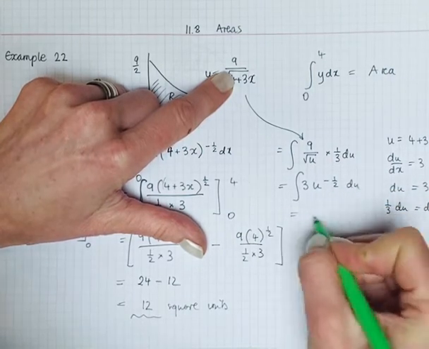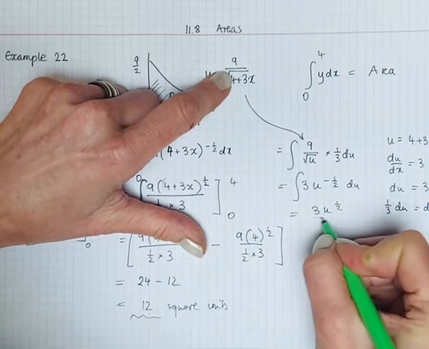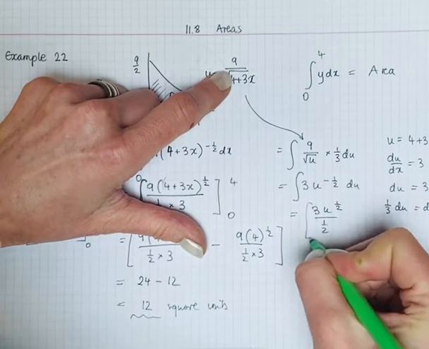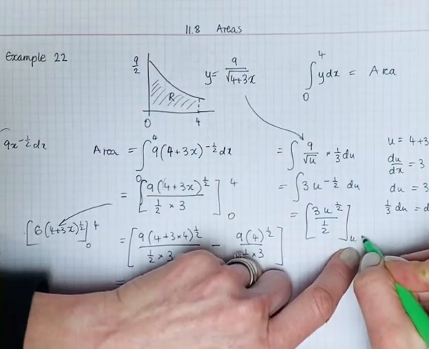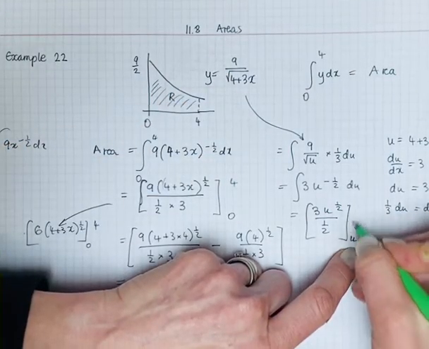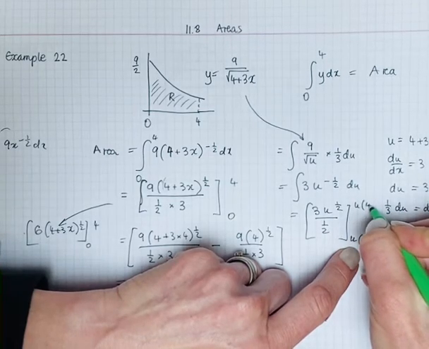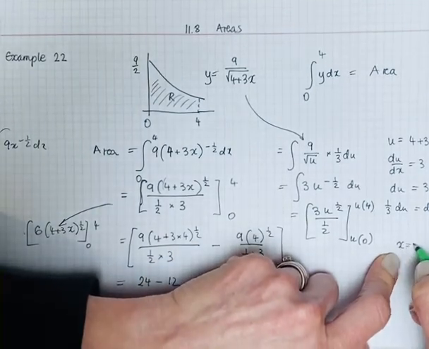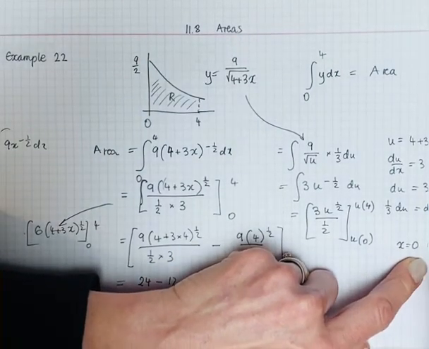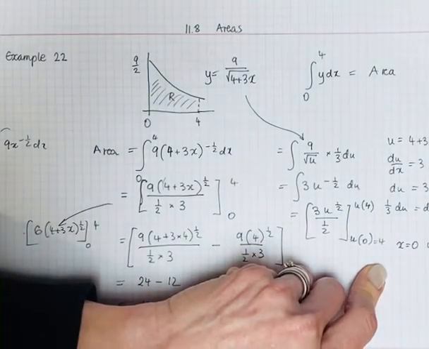Add 1 to the power, divide by that power, so it's 3u to the power of a half over a half. Now the limits need to be changed. I need to find what u is when x was 0 and what u is when x was 4, because these were the old limits. When x is equal to 0, u is 4, substituting that in.